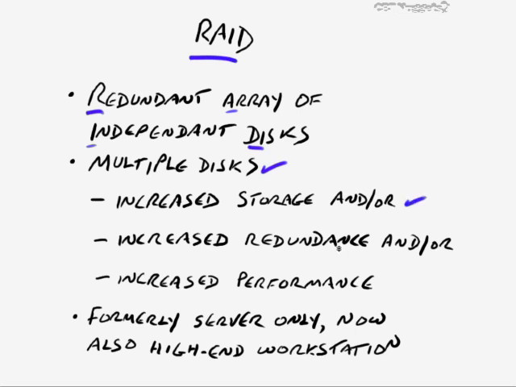The other thing you might do is to increase the redundancy that you have. So not only do you have increased storage, but you may also want to have some redundancy so that if one of the hard drives fails, and they will fail eventually, then you haven't lost any data. You see, if I just use this first method where I'm using it only to increase storage, if one of the drives fails, then all of the data is lost because the data is scattered across all 4 of them.